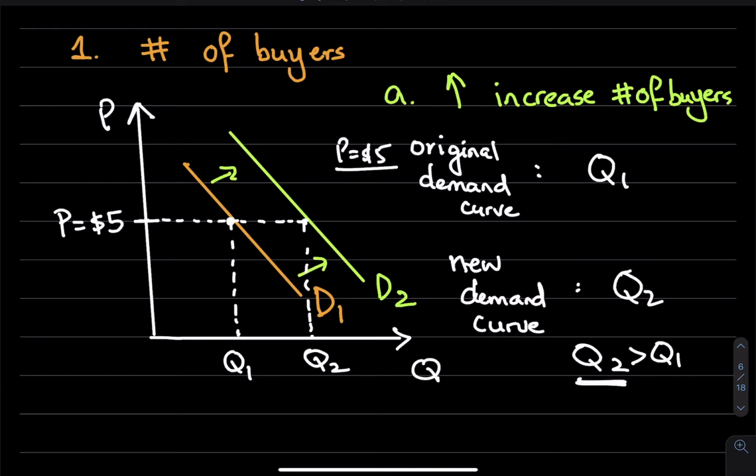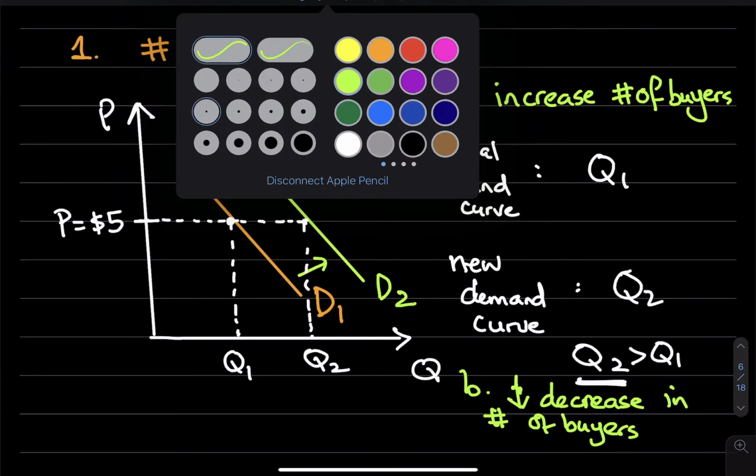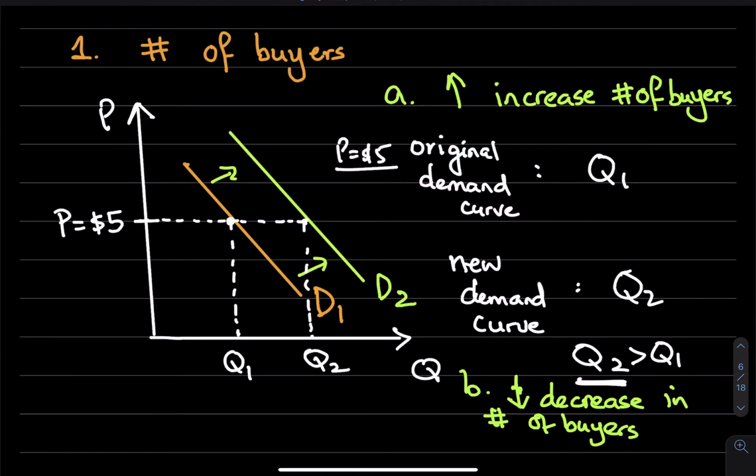Okay, now you can think about the other scenario where there's a decrease in the number of buyers. The opposite would happen. We would move D1 to the left.